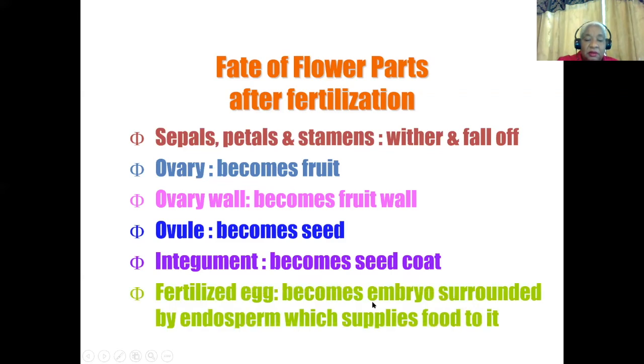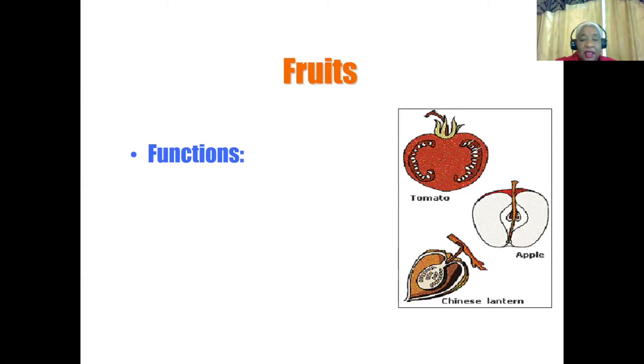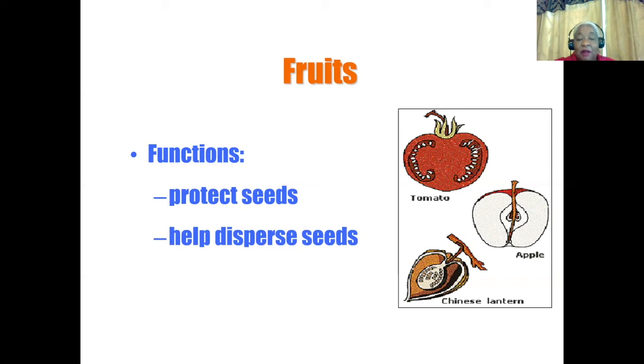So then the fertilized egg, or the fertilized ovule, becomes an embryo surrounded by an endosperm, which supplies it with food. And the purpose of having fruits is to protect your seeds and help the seeds to disperse or scatter.